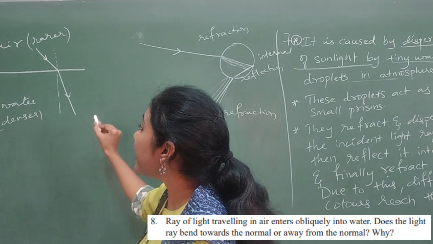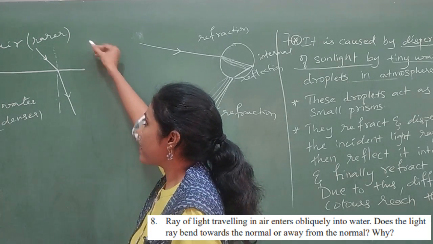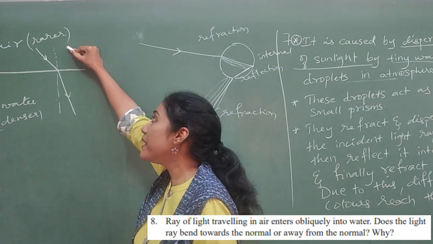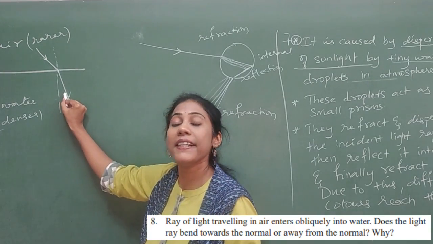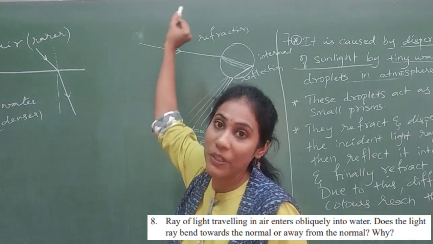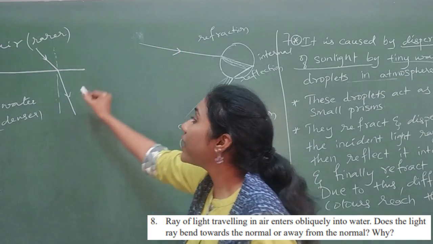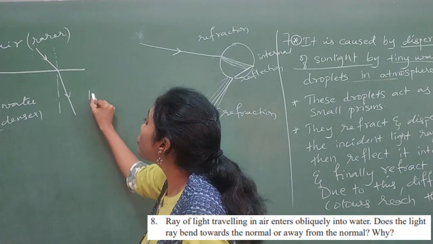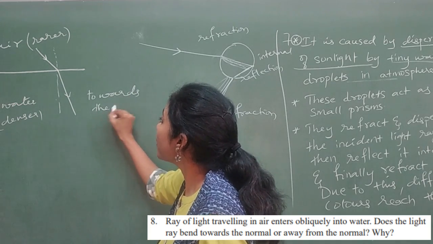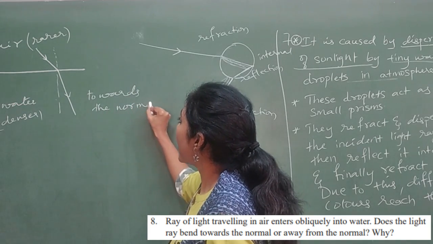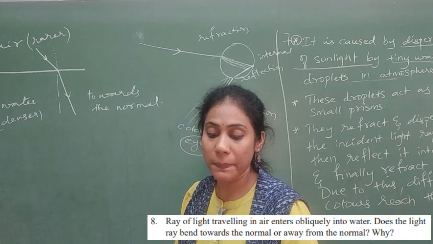Whereas if it is in the opposite way, if the ray is entering from a denser medium to a rarer medium, then obviously the refracted ray will go away from the normal. Here it travels towards the normal, so you have to write that the refracted ray is towards the normal.